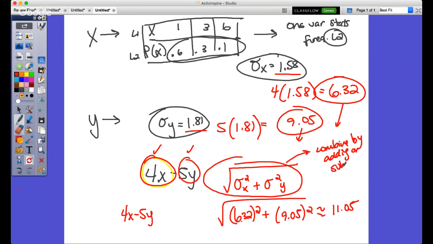Another thing to remember is if I took this standard deviation and subtracted 3, it would be the same thing. So this formula applies only when I'm combining standard deviations together by either adding or subtracting. Great question.